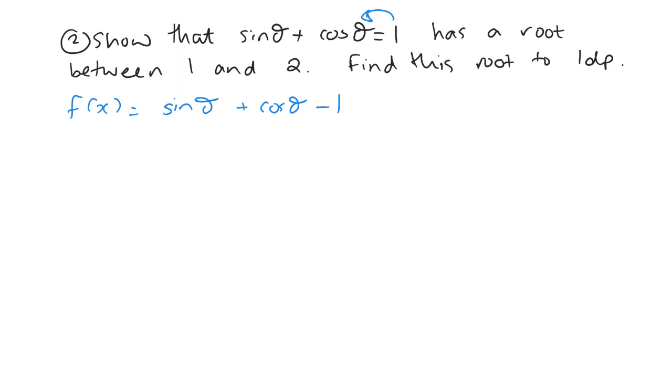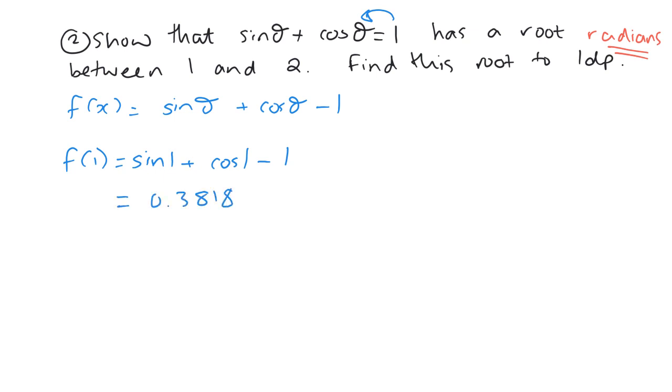Whenever we have trig involved in this, it's always radians. Okay, always radians. So we want to find f of 1: sine 1 plus cos 1 minus 1, and it gives us 0.3818.